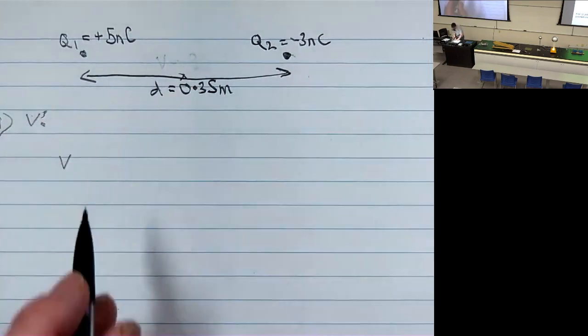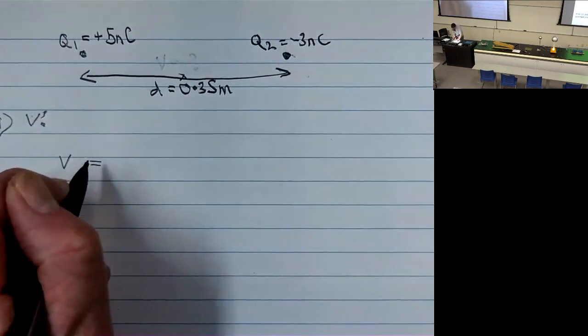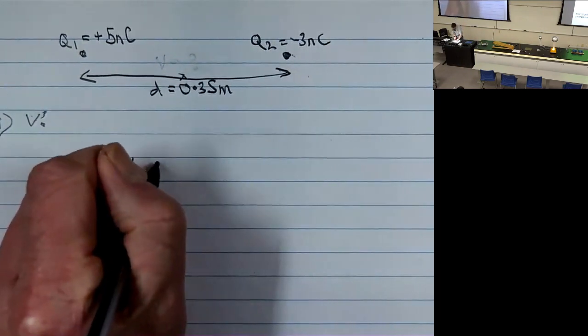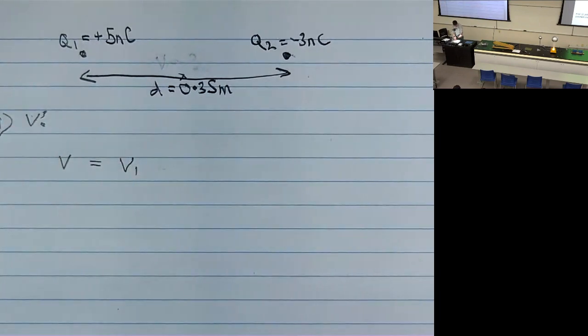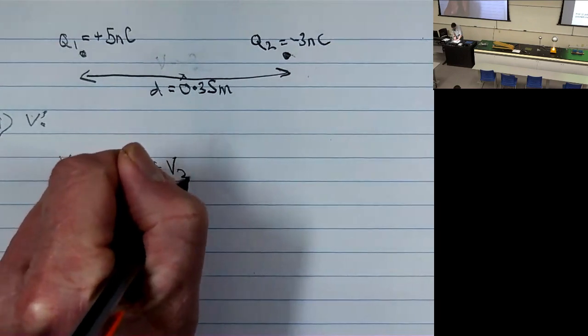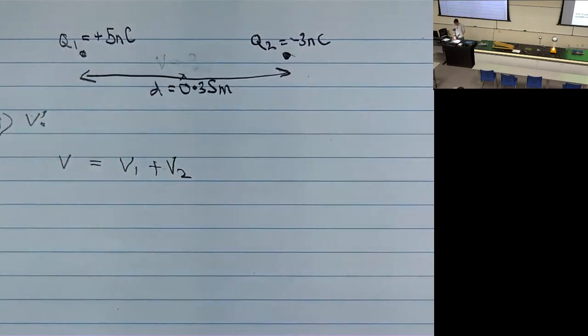So the potential V at that location is just the potential due to the charge on the left. That was called Q1, so I'm going to call its potential V1, plus the potential due to the charge on the right. I'll call that V2 because that was charge number 2. So that's superposition. That's the idea of superposition.